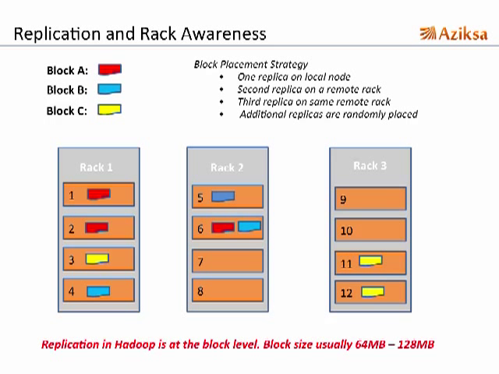If you look at block A, I have a copy on rack 1, machine 1, and rack 1, machine 2, and I have a copy on the second rack. So with a replication factor of 3, the first and second copies are going to be in the same rack, and the third copy will be in a different rack. The reason is that if rack 1 goes down, I still have one copy out.